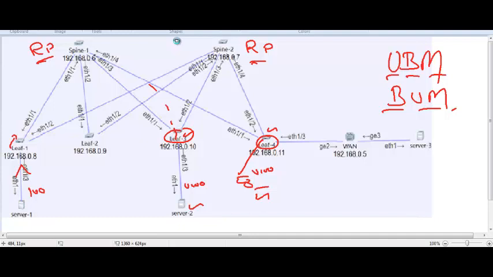So as the word says, the gathering point, the meeting point, both the group member and the source of the multicast, we used to say S, G, source, group, they come and meet the RP, and the RP will help the group member to identify the source and the source to identify the group. That's how the packets can get distributed.